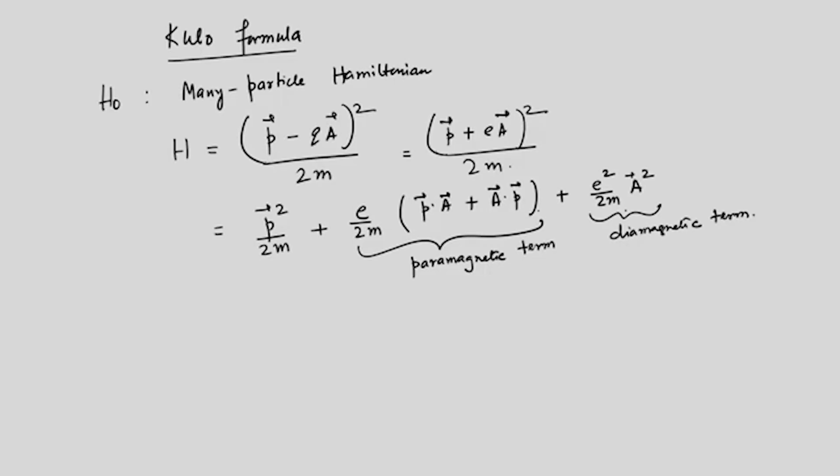Since the main focus is on Hall conductivity, we will drop the diamagnetic term altogether and only worry about the paramagnetic term. This is of course the unperturbed problem, which is solved in the sense that we know this acts on some wave function psi m and gives E m psi m, and that problem is known.